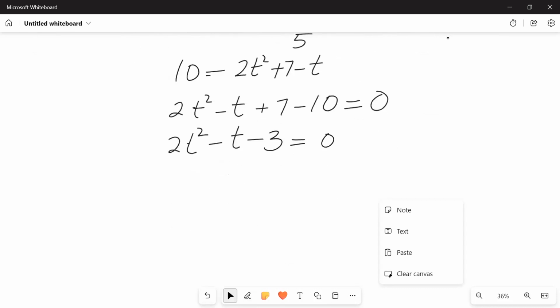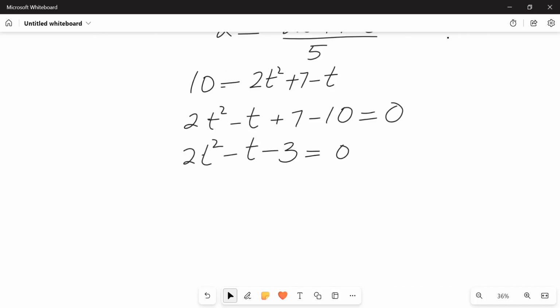Now we can apply quadratic formula or factorization. 3 twos are 6, so we can also apply factorization here. So it will be 2 threes are, so plus, no, minus 3. Minus 3t and plus 2t.